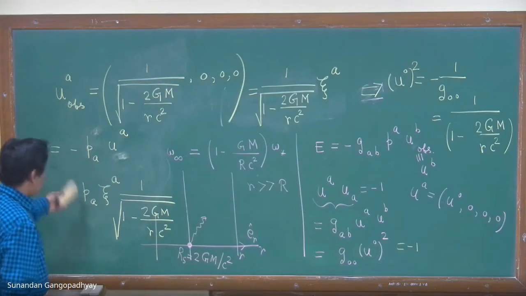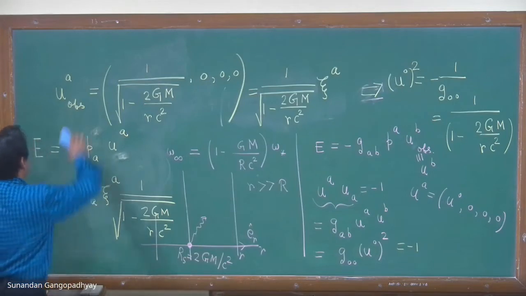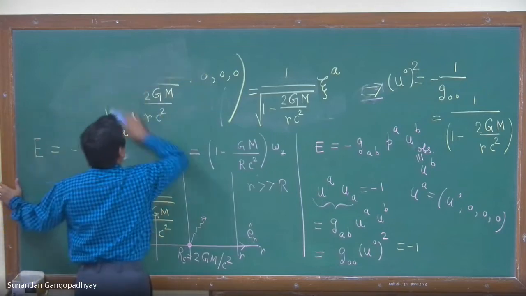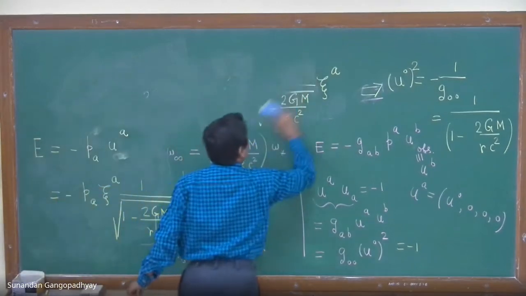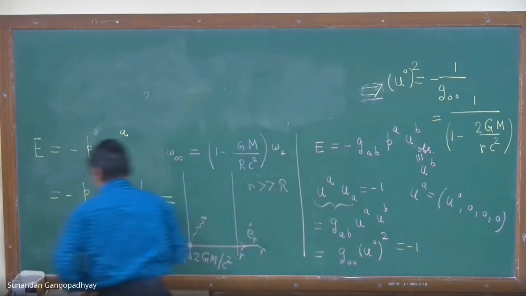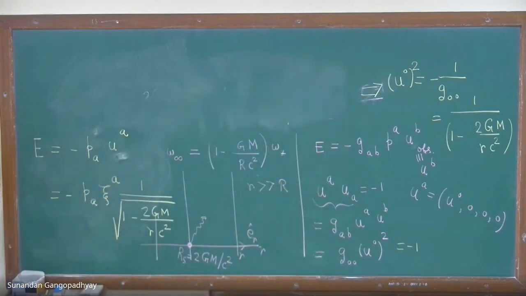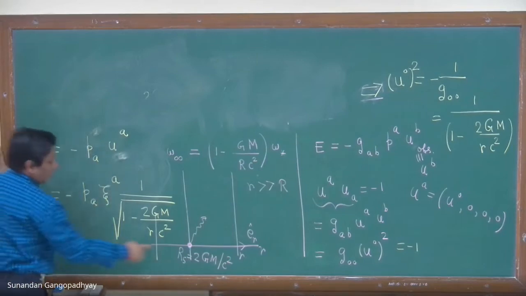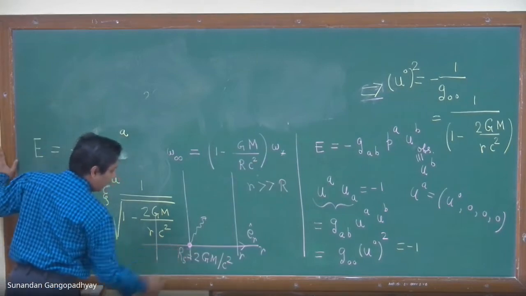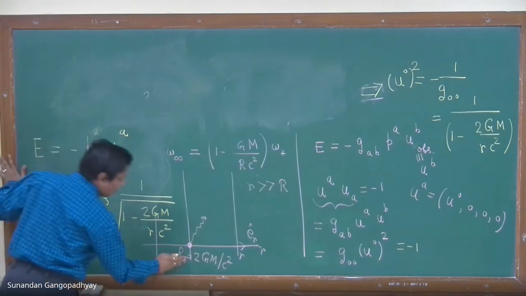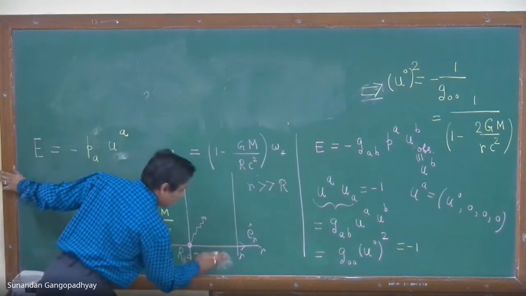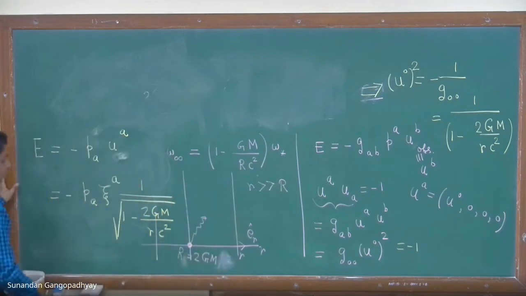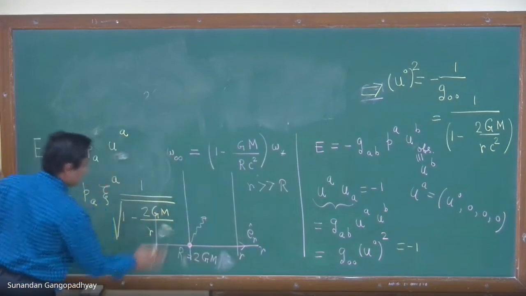Now if you have this expression, you can say that at this point, when you are at capital R, you just remove this. Small r is 2GM by c squared, c is 1, so let us remove this also.